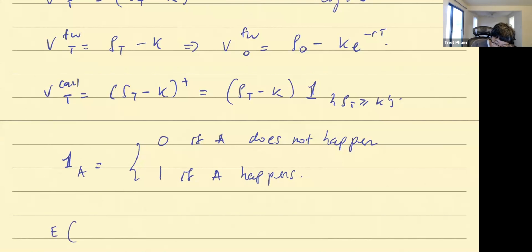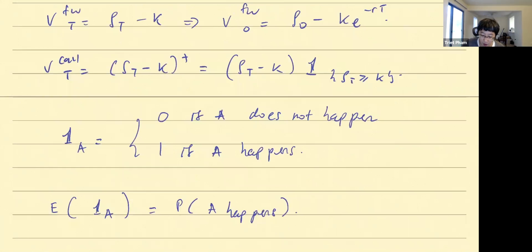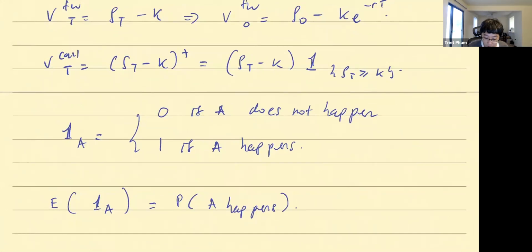If you take the expectation of an indicator of an event, what you get is the probability that the event happens. Why so? Again, it comes from the definition. Expectation means you average things out.